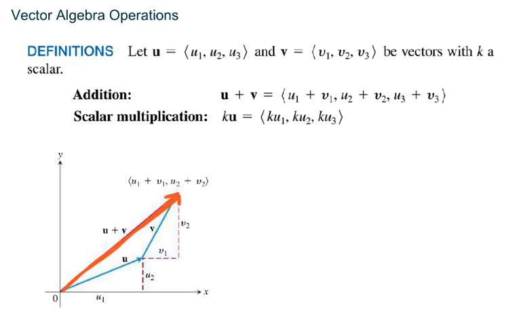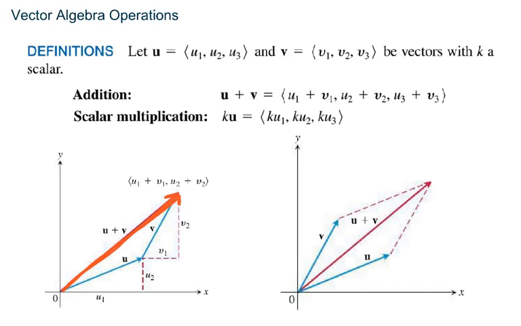The parallelogram law is sometimes an easier way for us to think about this. So I've brought in a second picture, and this is another way to visualize the sum of two vectors. When we look at this, if we think of the vectors, and vectors are usually a force, but they can also be a velocity or a displacement.